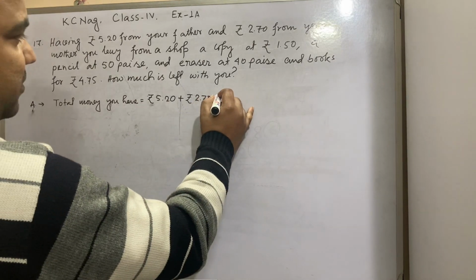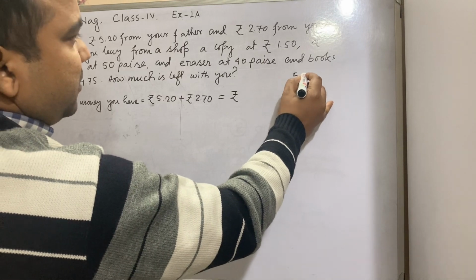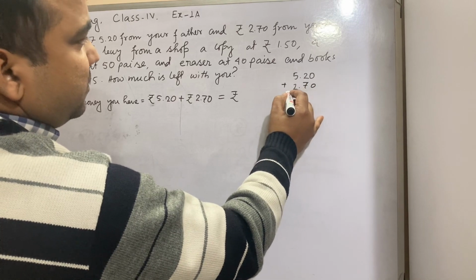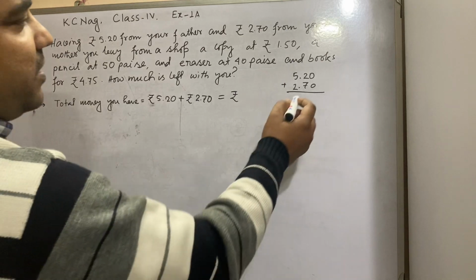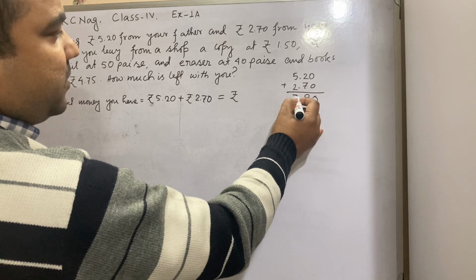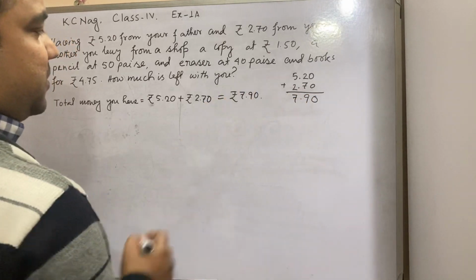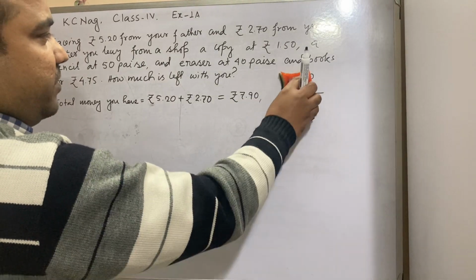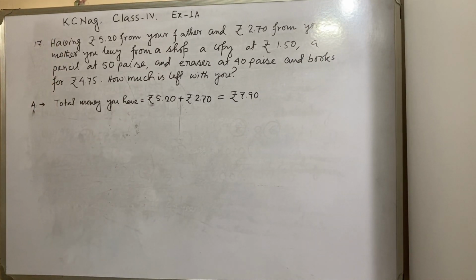So how much is the total money? Let us do the addition in the rough. So point will come down at the point. So 0 plus 0, 7 plus 2, 9 and 5 plus 2, 7. So total you have 7.90. Okay. This much money you have in your hand which you have collected from your father and mother.